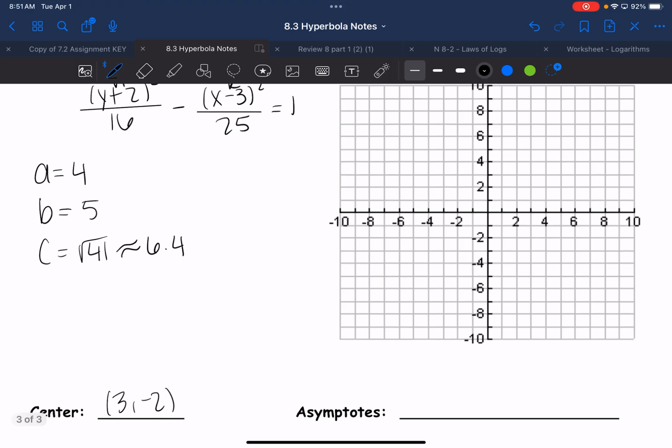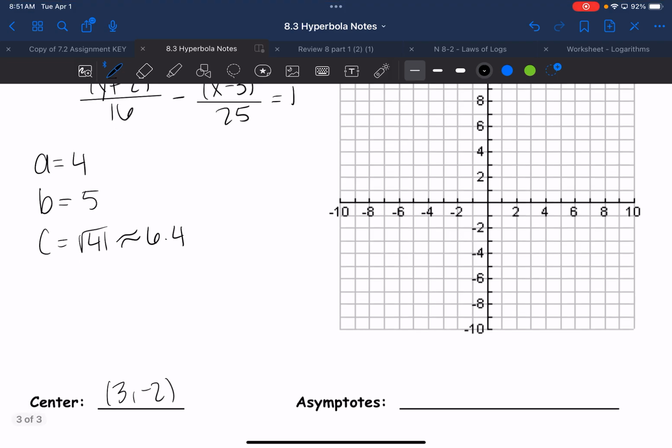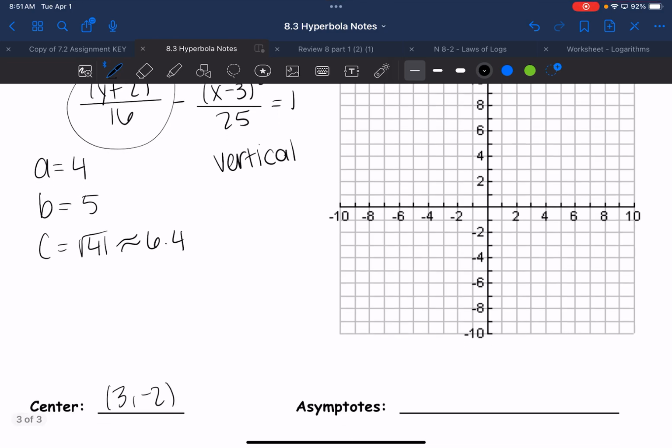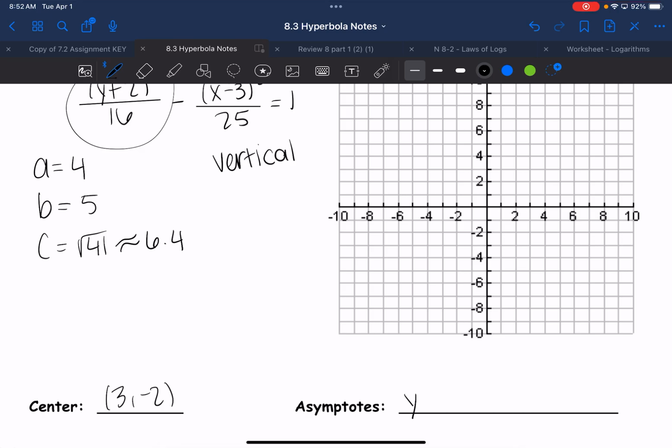Okay. All right. Now for our asymptotes. Okay, well, y was first, right? So is this going to run vertical or horizontal? Vertical, okay? And when it's vertical, remember your equation for the asymptotes is plus or minus a over b, right?